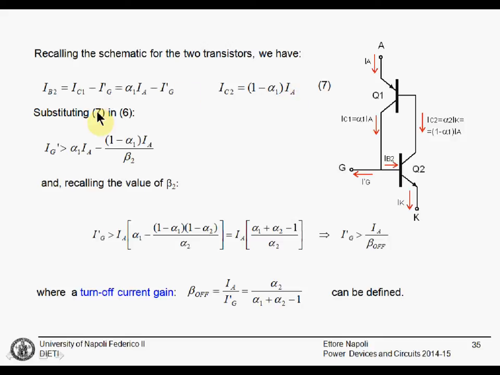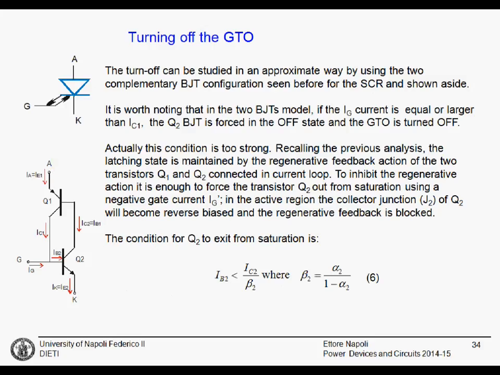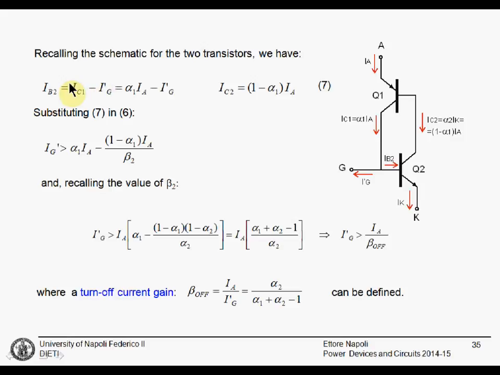We can substitute this equation in 6 and we obtain that the base current must be smaller, but since there is a minus, the gate current must be larger than alpha 1 multiplied by the anode current minus 1 minus alpha 1 divided by beta 2 anode current.